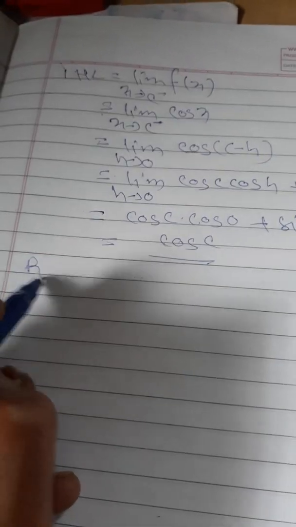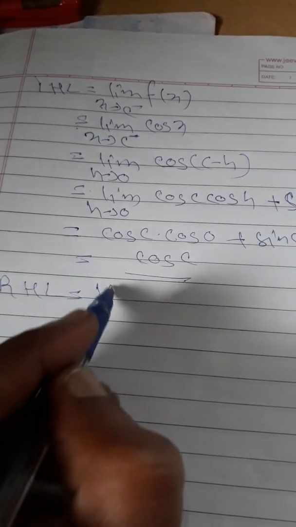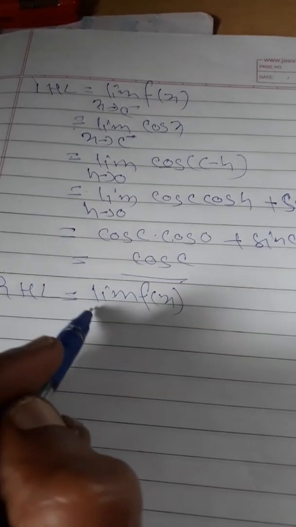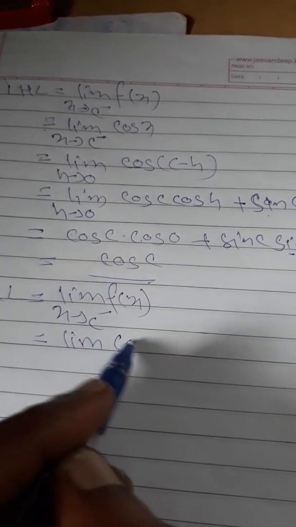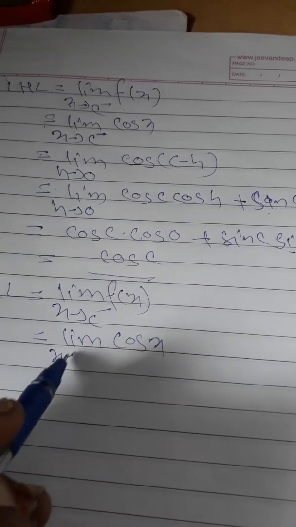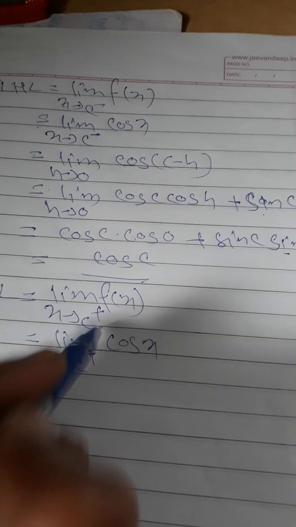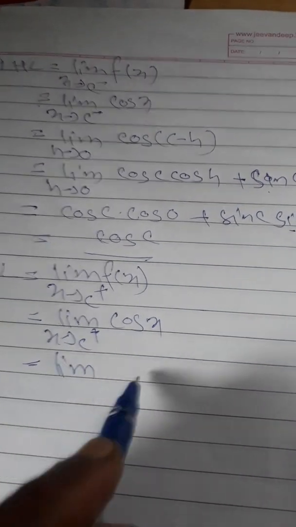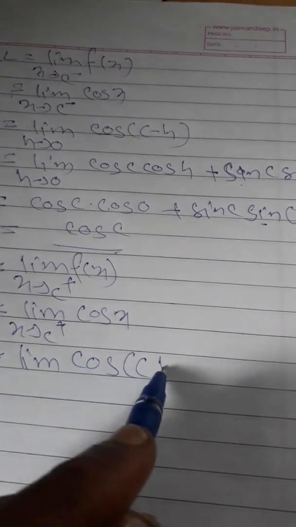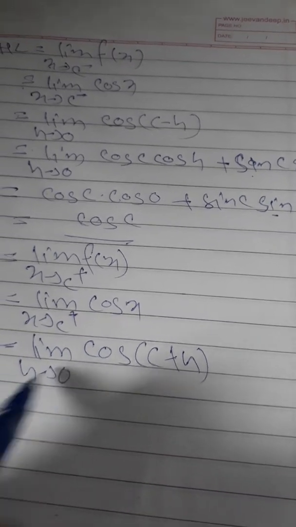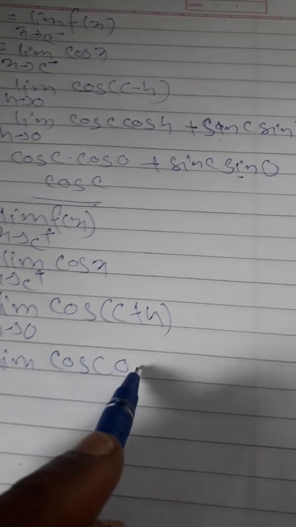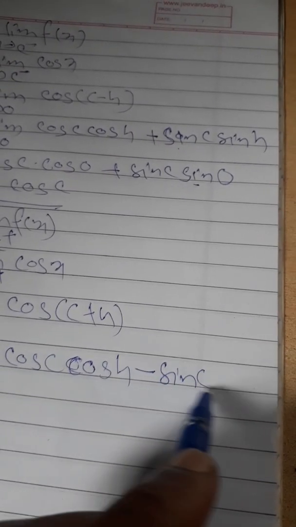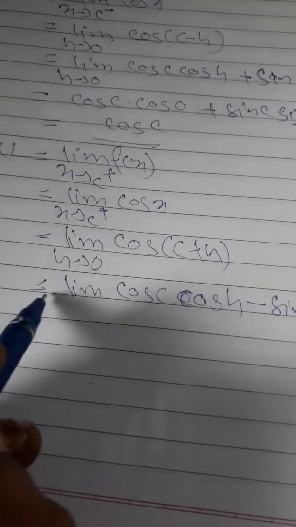Similarly, RHL equals limit of f of x as x tends to c plus, which is limit of cos x as x tends to c plus. So this is limit of cos of c plus h as h tends to 0, which equals limit of cos c cos h minus sin c sin h as h tends to 0.